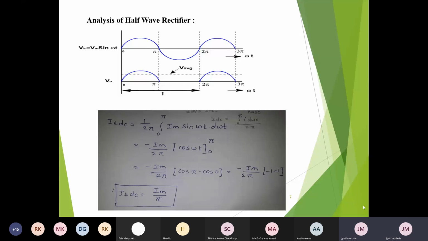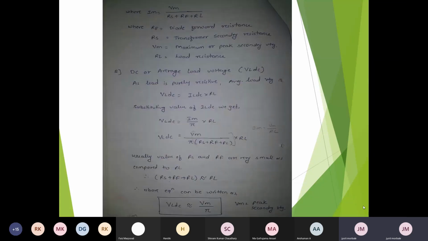So IDC stands for output DC current. इसका equation है Im by pi, where Im stands for maximum current. Maximum current can be found by using Ohm's law. I is equal to V upon R. So Im is equal to Vm upon RL, where RL stands for load resistance.